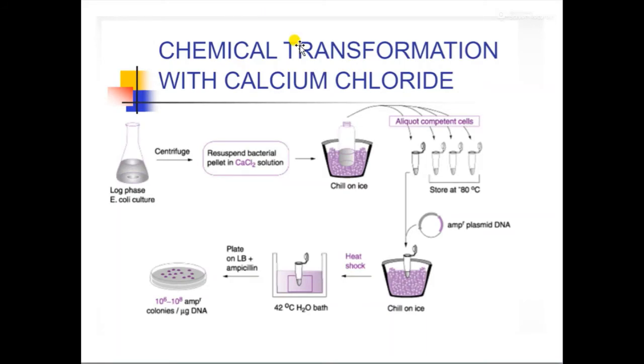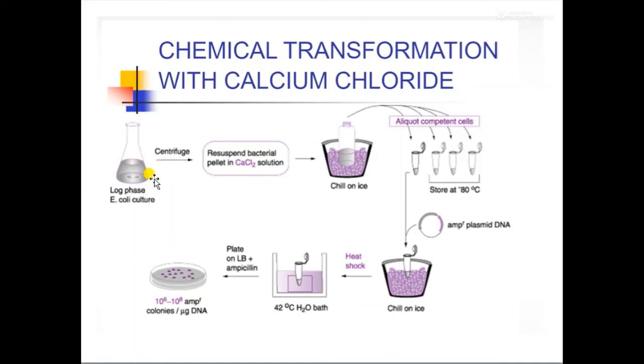The first one is the transformation technique, and for the transformation to occur into E. coli cells, normally you have to make them competent. Competent means they should be capable of taking up DNA. So you prepare some host cells, the E. coli cells, so that they become competent.